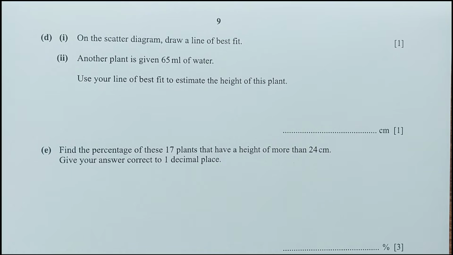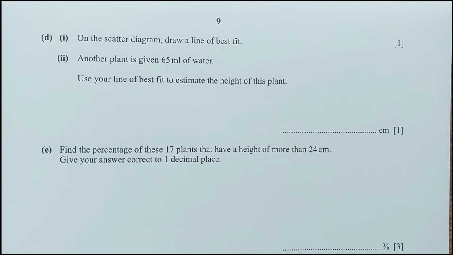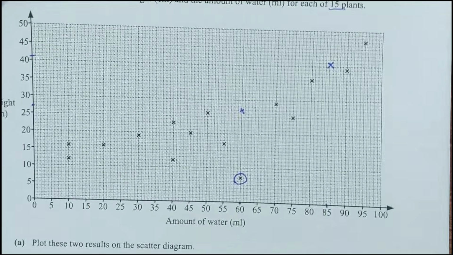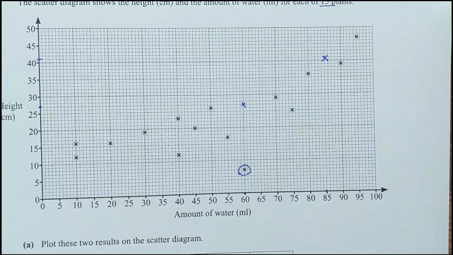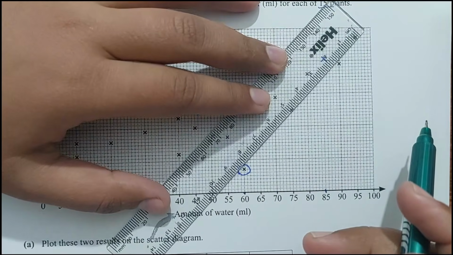Now for part D, number 1, on the scatter diagram, draw a line of best fit. Okay, the line of best fit, let me draw it. Any straight line.